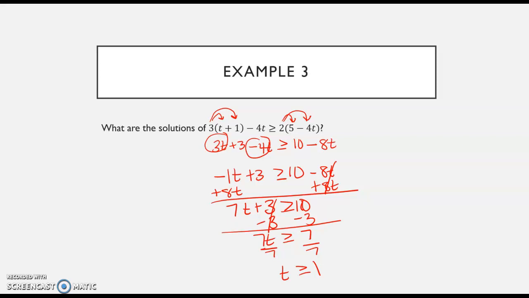Or if I plug in a number greater than 1, then my left-hand side would be greater than my right-hand side. So you can check numbers and make sure that that is a true statement.